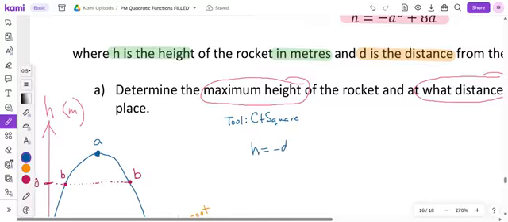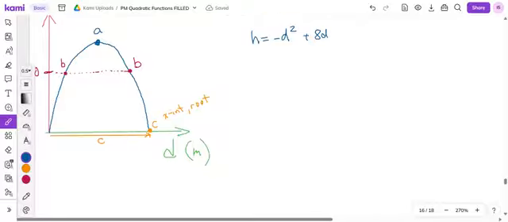The equation I start with, negative d squared plus 8d. This is a regular completing the square, except that I have to factor out a negative 1. I'm just factoring out the negative.